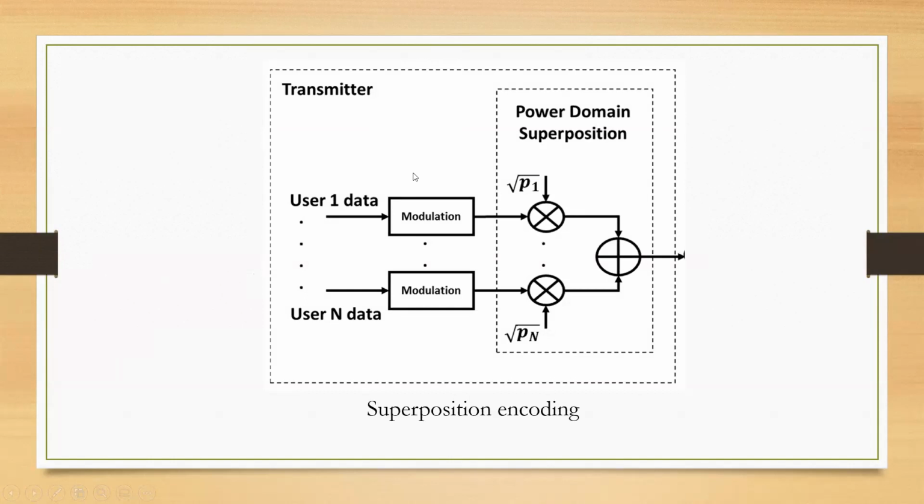After their modulation, any modulation technique which they might be using can be done. Then the different powers are multiplied to their user signals, and then added or superimposed on each other.